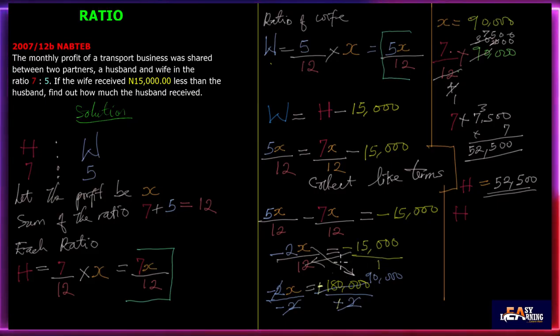To take away the fraction, we cross multiplied. When we cross multiplied, 12 multiplied by minus 15,000 gave us minus 180,000, and 1 multiplied by minus 2x gave us minus 2x. To get x, we divide both sides by the coefficient of x, that was minus 2.